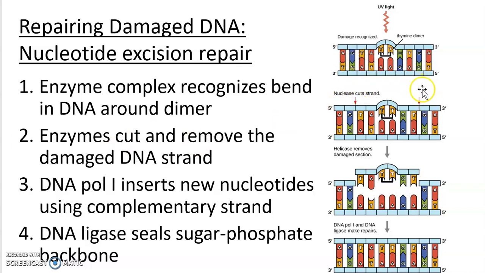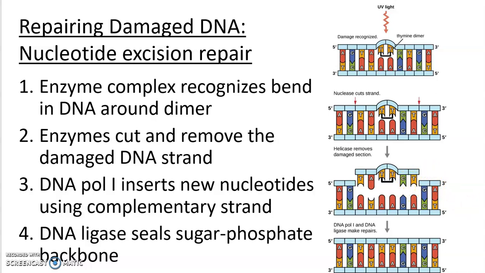Well, then this is going to result in an enzyme called a nuclease coming in here, and that nuclease is actually going to make physical cuts in the phosphodiester bond, where you have your sugars and your phosphates. And then a helicase enzyme is going to come in and basically break those hydrogen bonds and separate this chunk of DNA that is now going to come out of your DNA, and that's going to leave a gap in your DNA. You've still got your 3' hydroxyl end over here, you've got your 5' phosphate over here, and if you think about this.